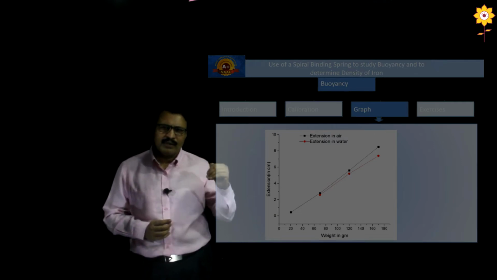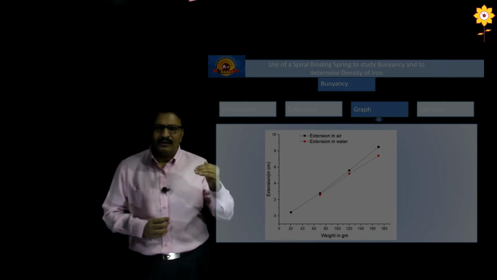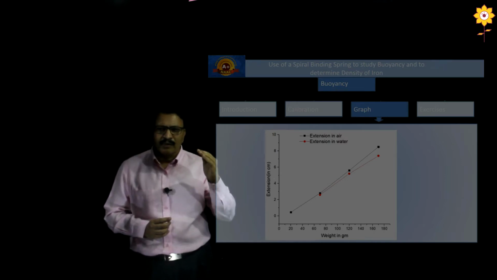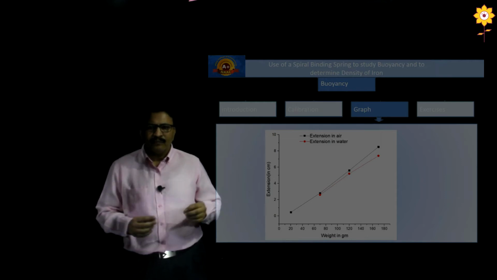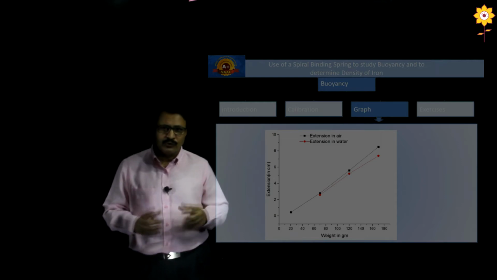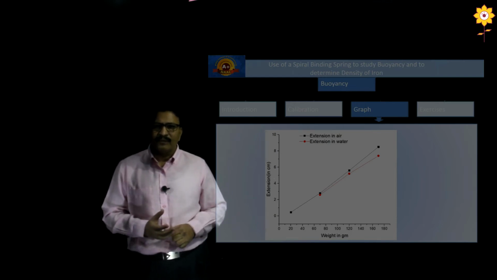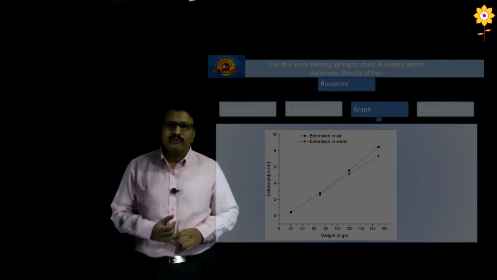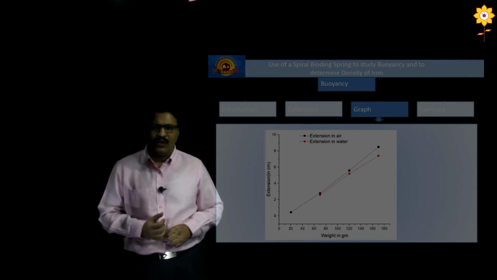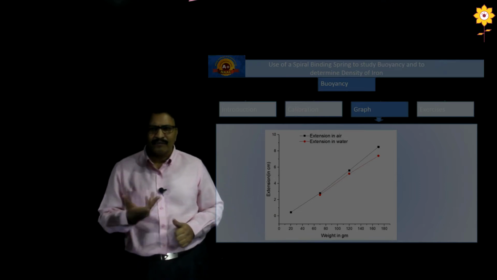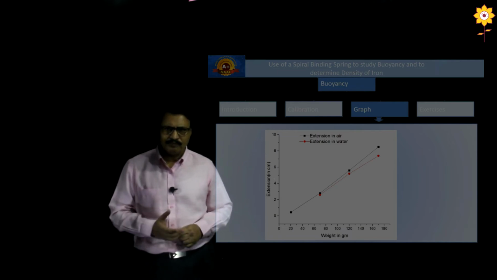You will see that the values represented by the red line are always less than those represented by the black line, which is for air. Once again the graph gives you a prominent proof that the extensions are indeed less whenever the same weights are suspended in water, and that is because of the buoyant force or the upthrust exerted by a liquid. Here we have taken water, but you can always try it for any other liquid also.